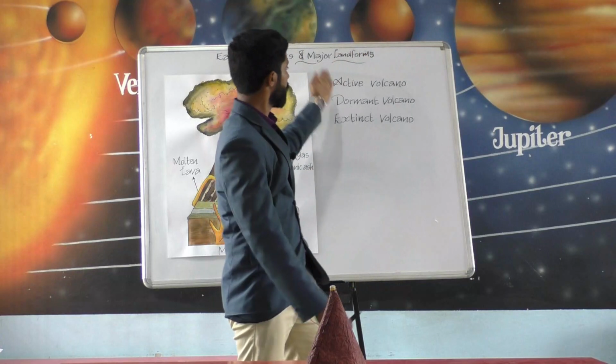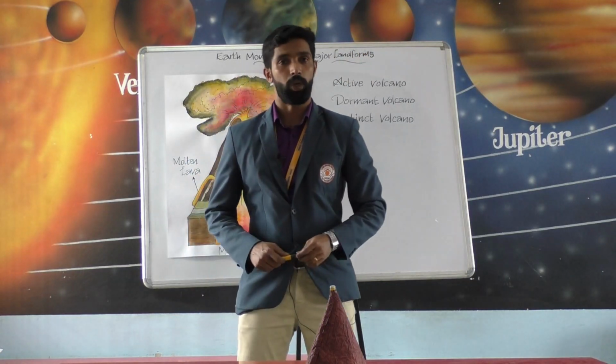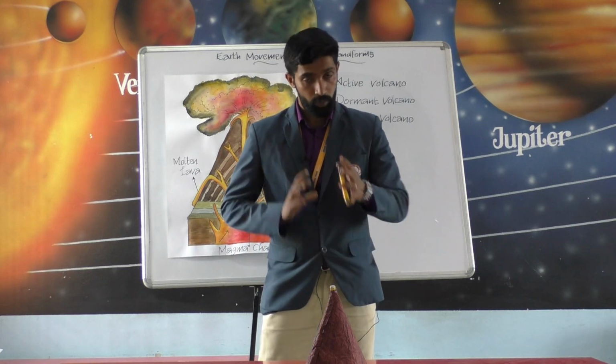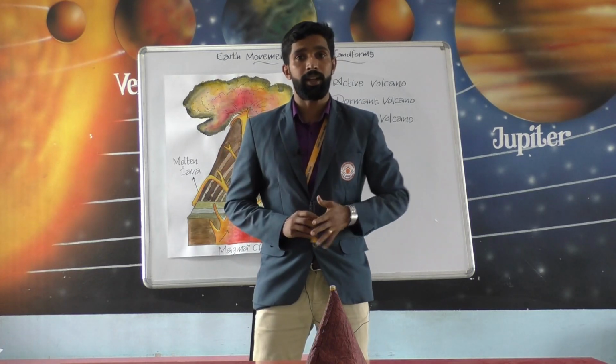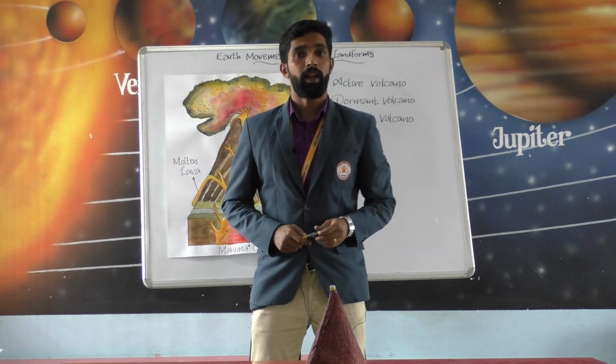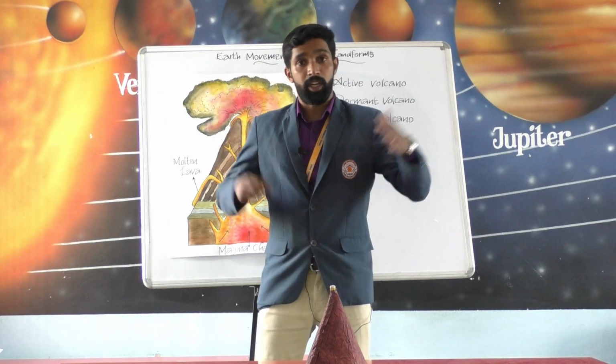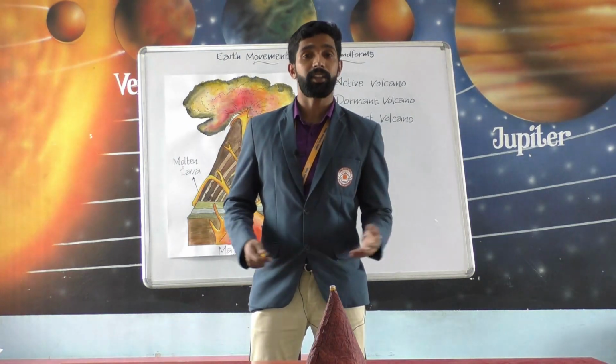An active volcano is one in which continuous volcanic activity occurs and eruption can take place at any time. For example, Mauna Loa in Hawaii and Stromboli in Italy are active volcanoes.